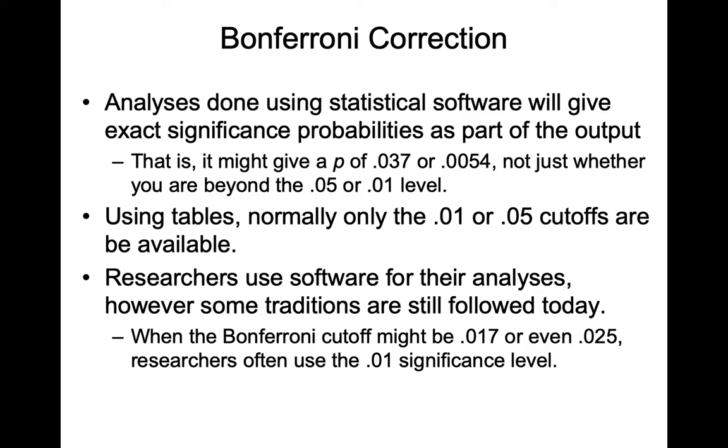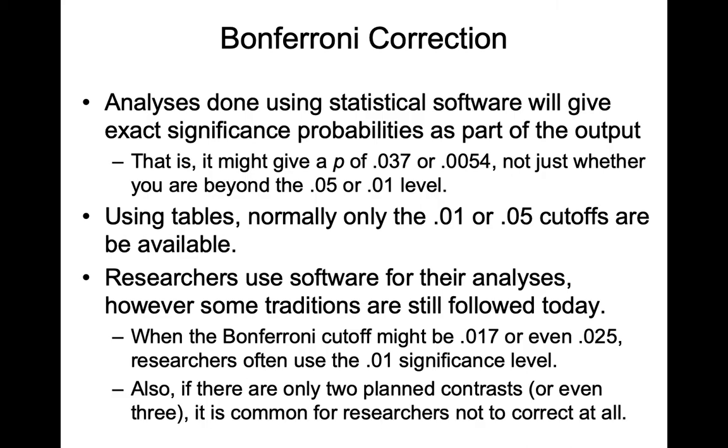Some researchers will just say, well, if I was to use a table, I would have a choice between the 0.05 cutoff or the 0.01. I know the whole point of this is to do something more stringent than the 0.05. I'll just default to 0.01, in which case they would look up the critical value associated with 0.01, even though the Bonferroni correction would suggest to only use 0.017 or 0.025.